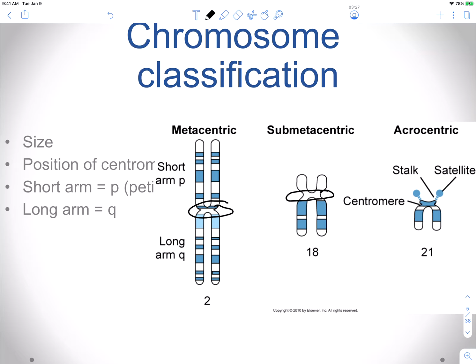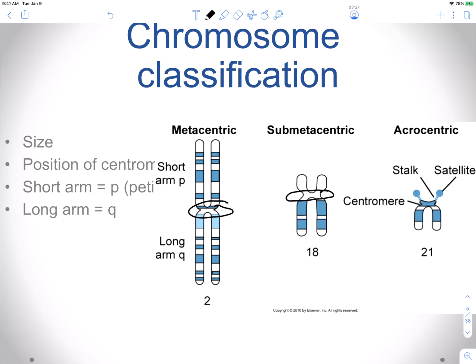So to do the staining, there are 3 common patterns. The first staining pattern that was identified is called Q banding. This uses a fluorescent stain, so you can see that it's staining green. Quinacridine is a dye that you can use to stain these.